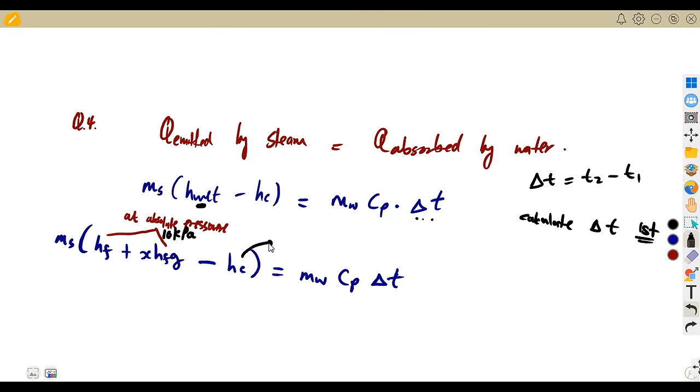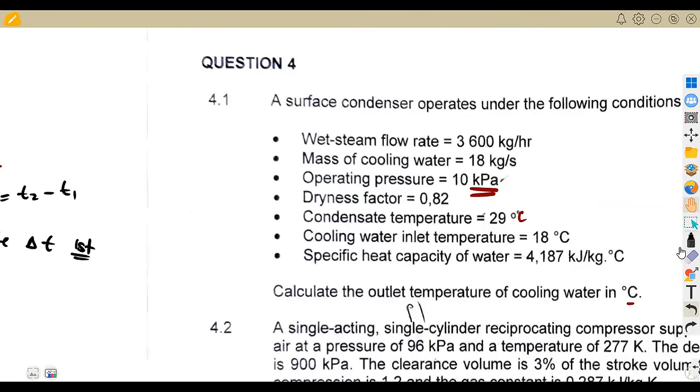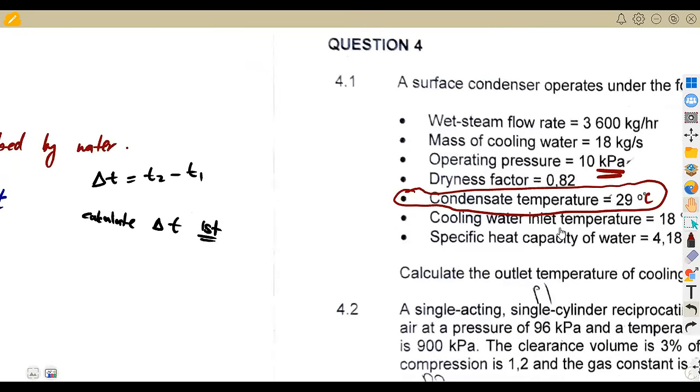Then HC is taken at TC, which is at the suction point here. At the cooling, we're given the condensate temperature, in this case 29 degrees Celsius. At the condensate, you calculate HC.